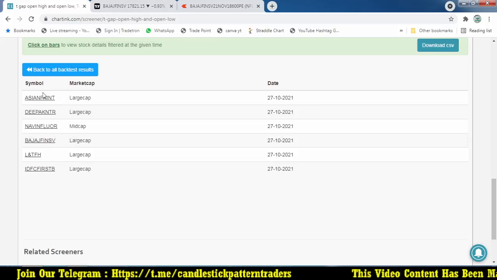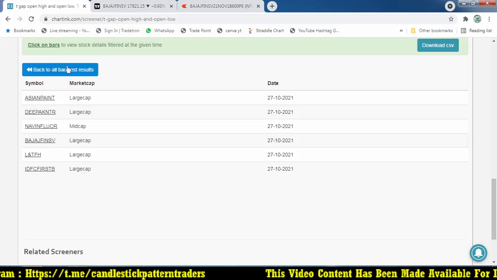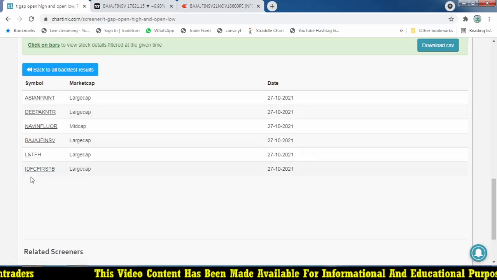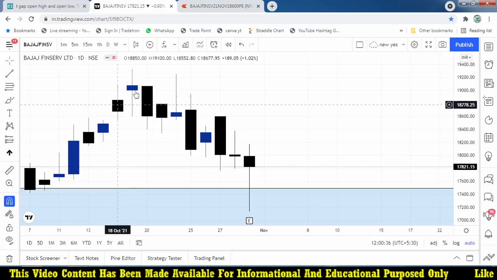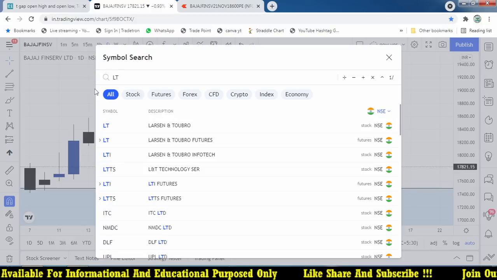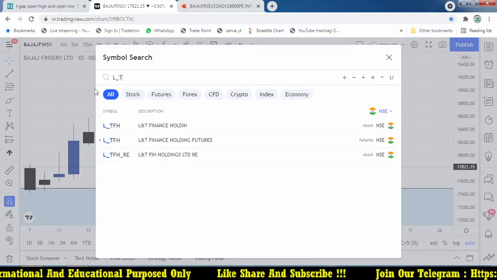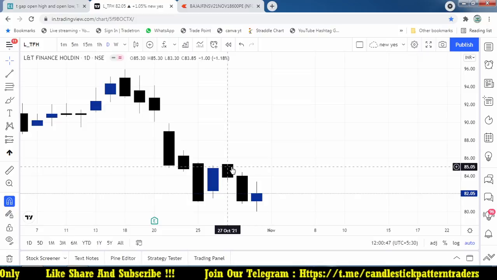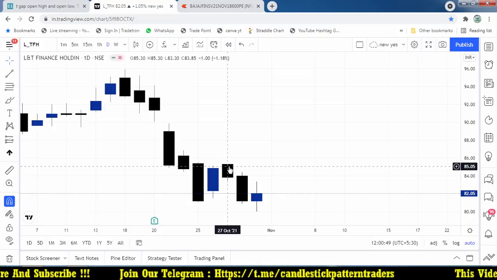Let's go for somewhere around Asian Paint, which is going up, so we should buy. And Navin Fluoride, L&T Finance Holding. This is the day, 27th October. The open high is around 85.